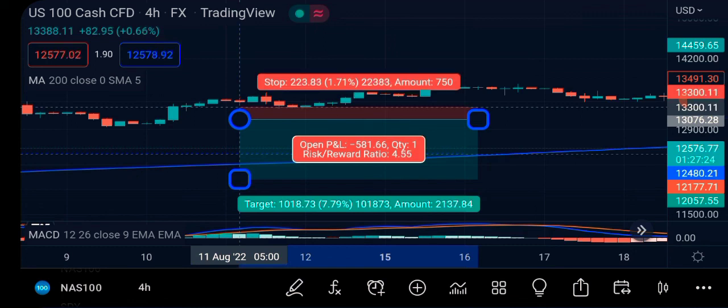Likewise, if it doesn't hit your take profit, it means that you will lose 0.229% of what you deposited, of what you used to trade. So that is just what that is talking about.